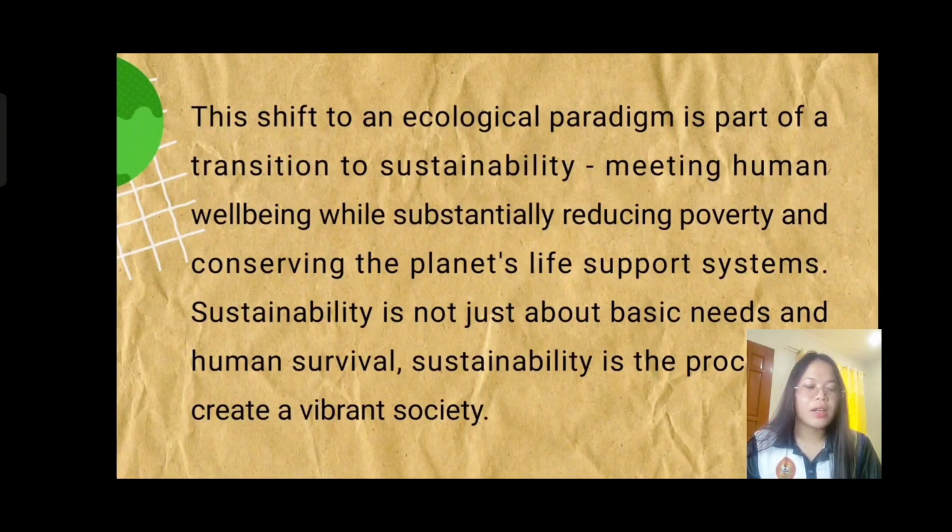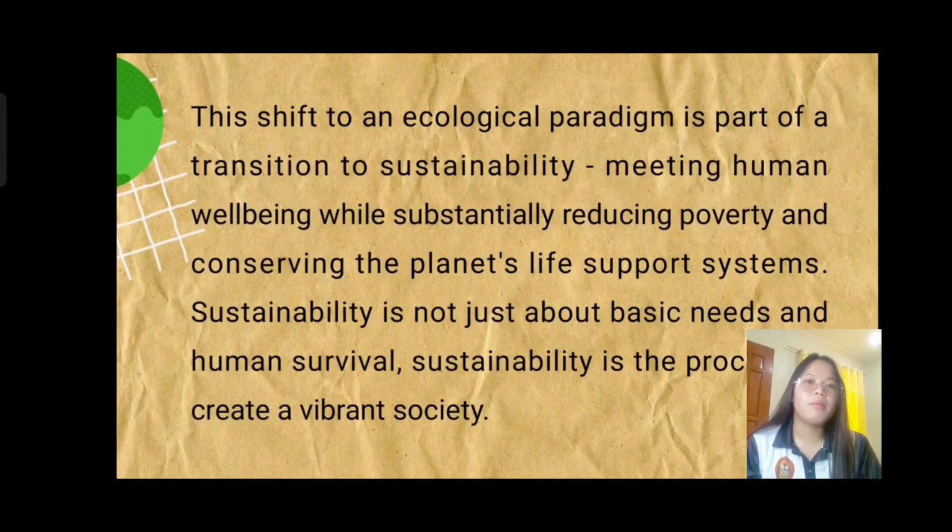And this sustainability is about making sure that people have what they need to live well while also taking care of the earth's systems that keep us alive. And this sustainability is not just about meeting basic needs, as it's about creating a lively and thriving society.